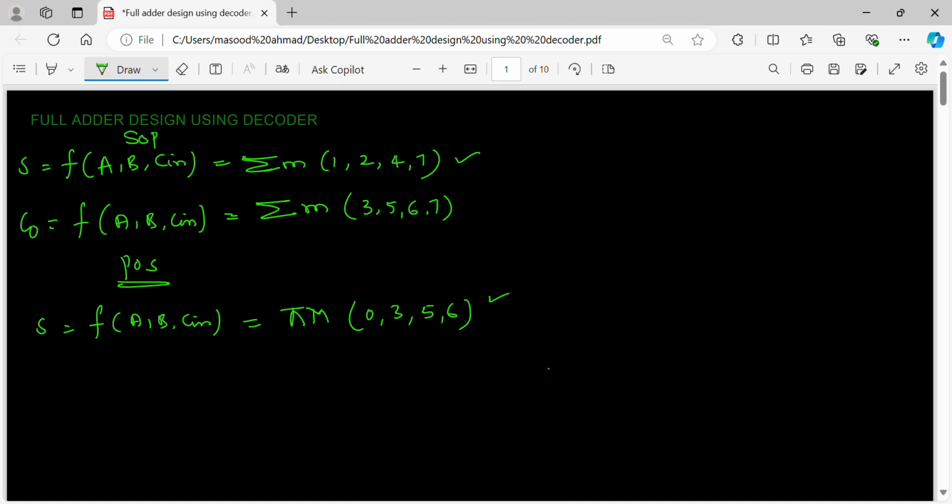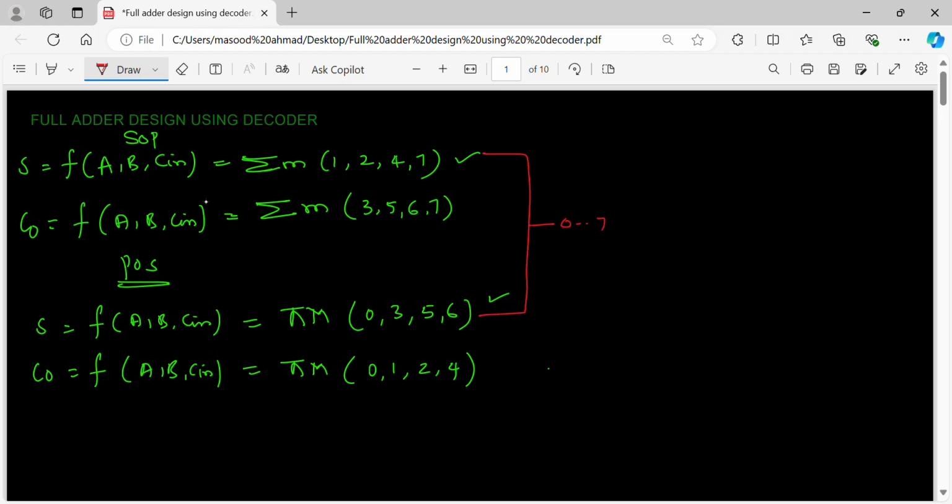Similarly, for CO, in a similar way, I can write it as a function of A, B, C in, which is equivalent to pi m for which it is 0. It is 0 for 0, 1, 2, 4. Combined, this gives you 0 to 7 total.